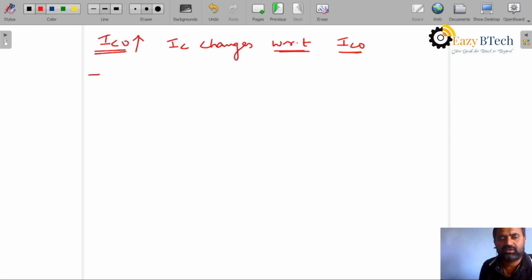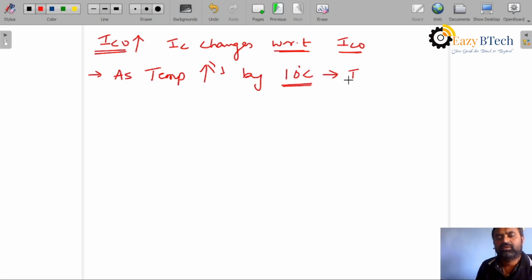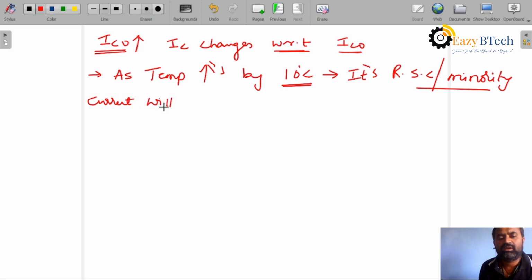As temperature increases by 10 degrees centigrade, the reverse saturation current or minority current will be doubled.